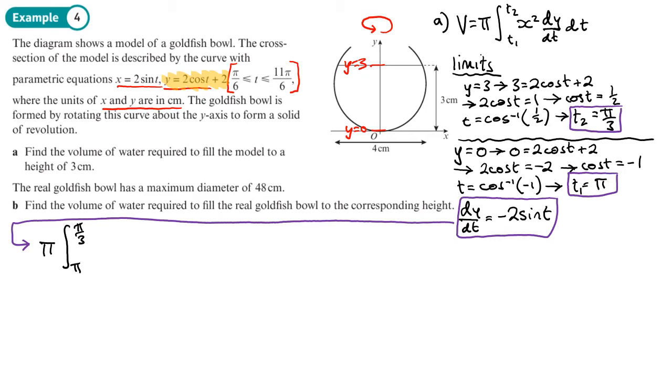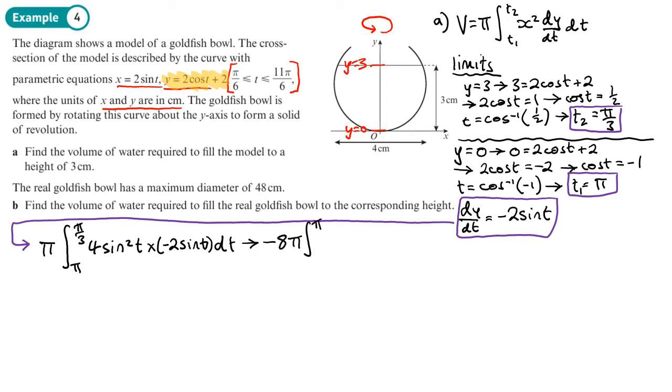Then I need to do x squared. So x squared is going to be 4 sine squared t times negative 2 sine t dt. Right, so we've got a negative 8 as a factor, so that comes across.